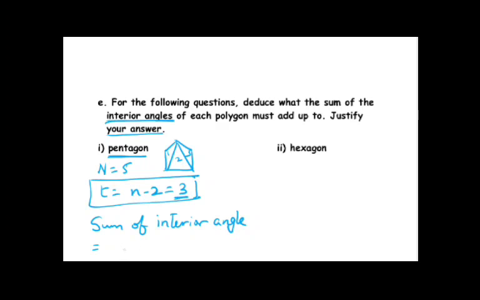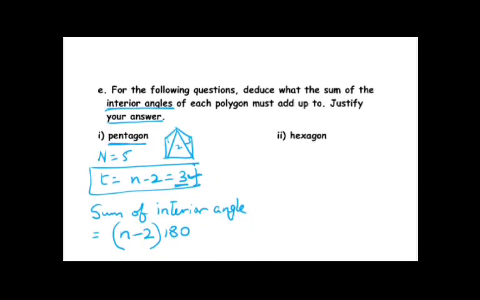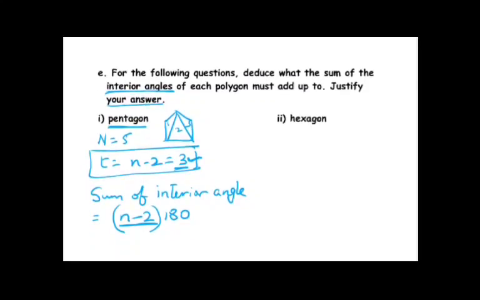So let me write the formula down. N minus 2. And whatever your answer, if my answer is 3, I have to multiply it by 180 degrees. Right? Because we are getting out of this n minus 2 the answer to the number of triangles. So 180 plus 180 plus 180 in this case.